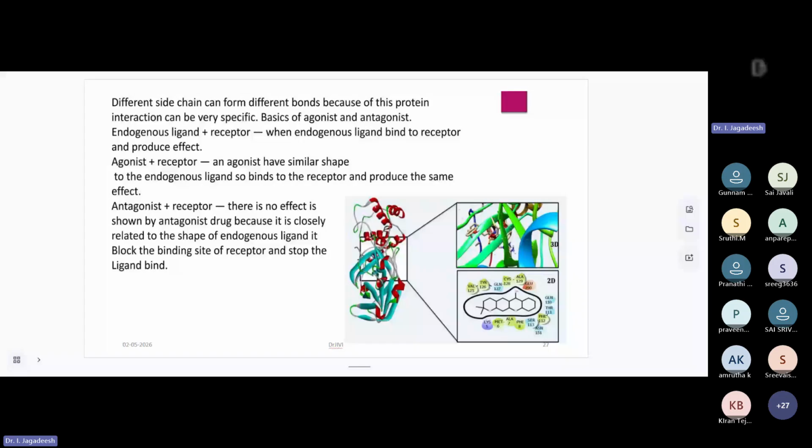So even if the shape is the same, it does not mean that it is going to work as a drug. It may sometimes act as an antagonist, because it is closely related to the shape of the endogenous ligand, but it has a blocking effect. Because of that blocking effect, the endogenous ligand will not attach to the receptor.